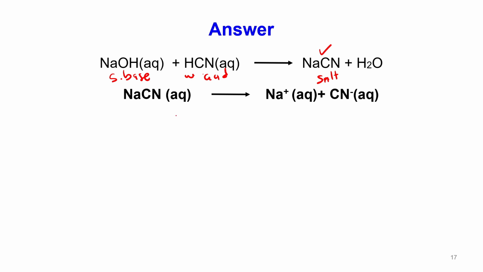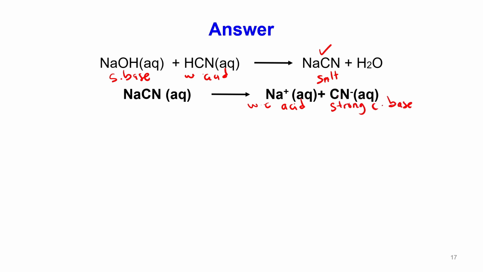So this salt NaCN will dissociate into Na plus and CN minus. Na plus comes from a strong base, so here it is a weak conjugate acid. This one is a strong conjugate base.